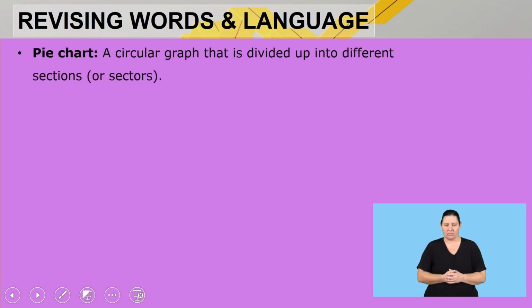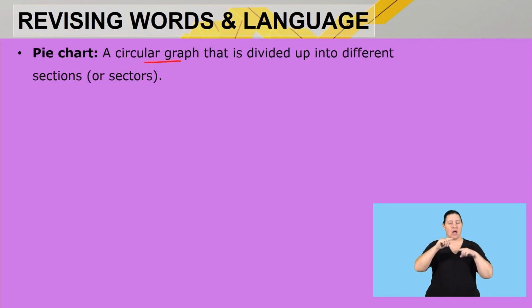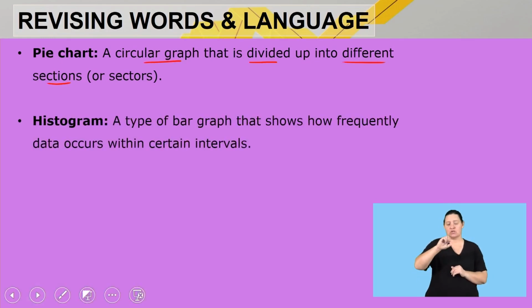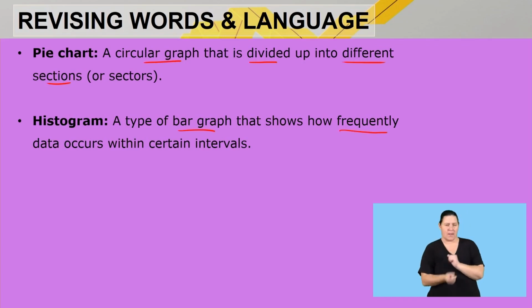Let's quickly revise some of the words and language that you should be familiar with at this point in time. The first question, remember, I asked, what is a pie chart? A pie chart is a circular graph, and it's divided up into different sections or sectors, as already indicated. Then also important to note is that a histogram is a type of bar graph that shows how frequently data occurs within certain intervals.